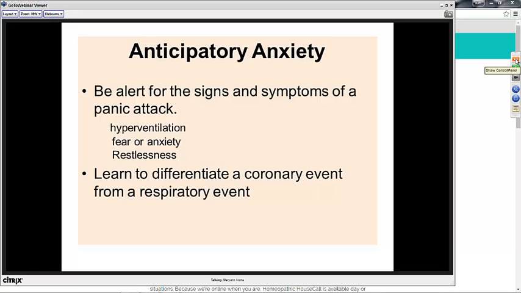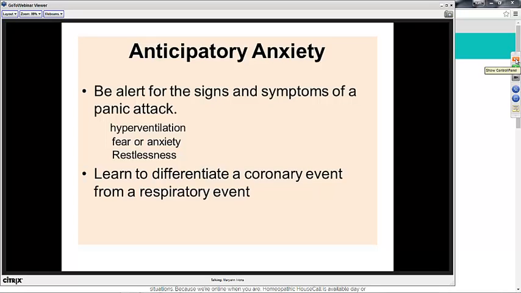With anticipatory anxiety, there is an emotional situation that is leading the person to be in this state. So it's either having to deal with your parents after you have to tell them you've dropped out of college, or, well, it's that kind of emotional situation that is going to lead you to be in an unstable state.